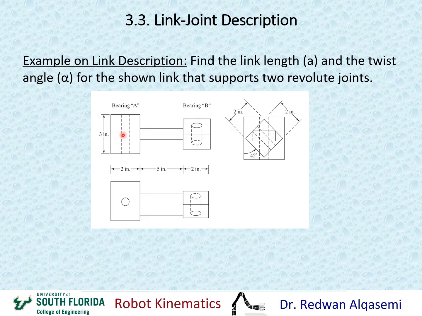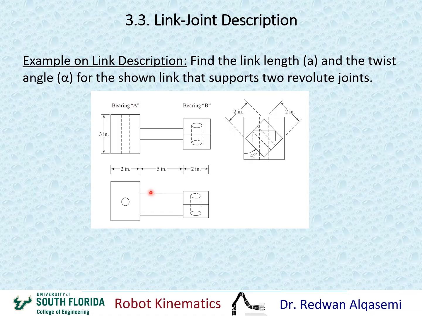They are at a twist, and you can see it from this view, about 45 degrees here. Then you have some lengths here. This block is 2 inches, from here to here is 5, and this block is 2 inches. We need to find the link length and the twist angle.